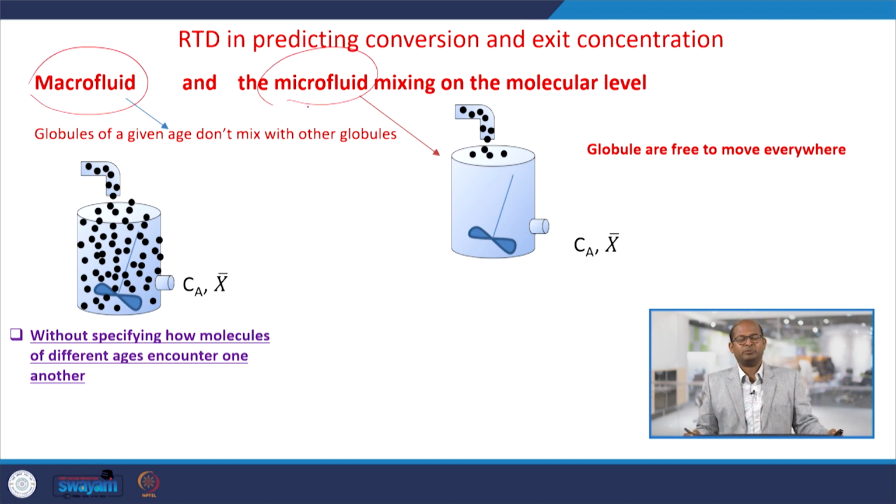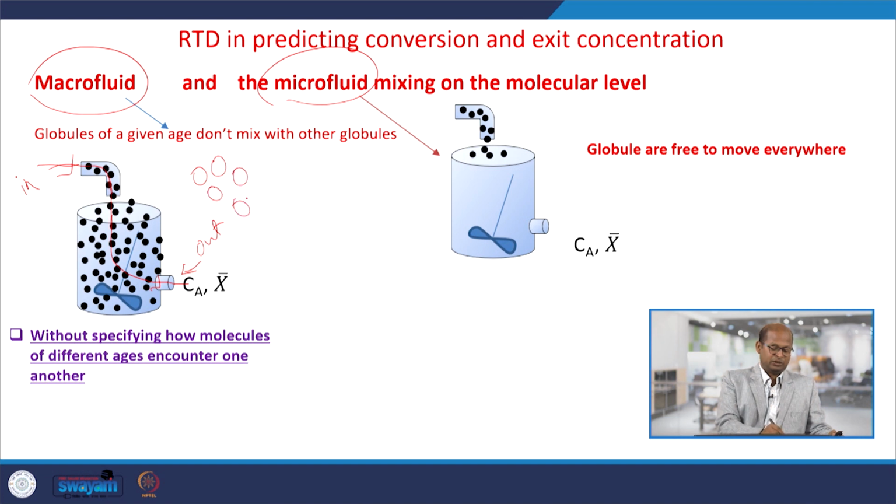These are two different ways of thinking at the molecular level. This is the feed inlet point of a particular reactor, and this is the outlet point, with molecules entering from here and leaving this way. Here you can see molecules in the form of spheres, small globules. Inside each globule molecules are present, and the molecules in this globule and in that globule are different.